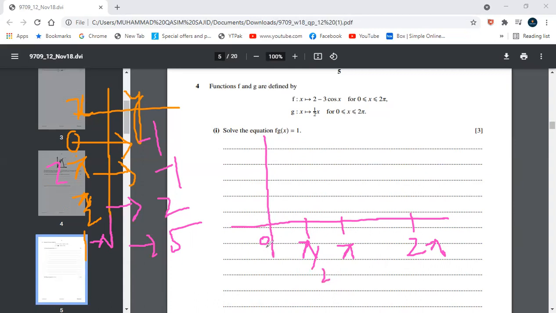And here are my values: here is minus 1, here is plus 1, plus 2, plus 3, plus 4, and plus 5. So the maximum value occurs at pi. Its value is 5. And at pi upon 2 it must be equal to 2.